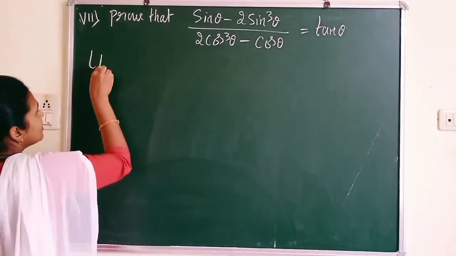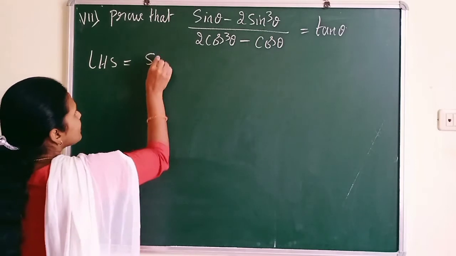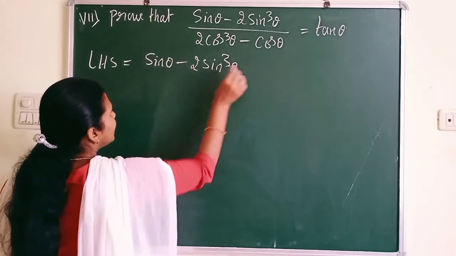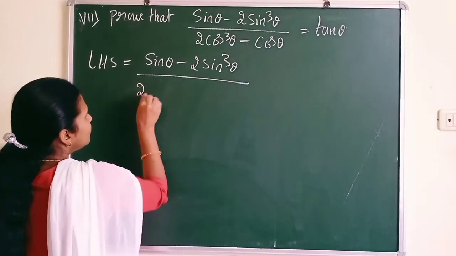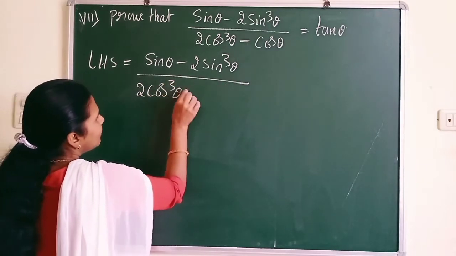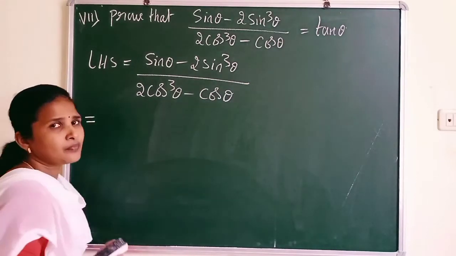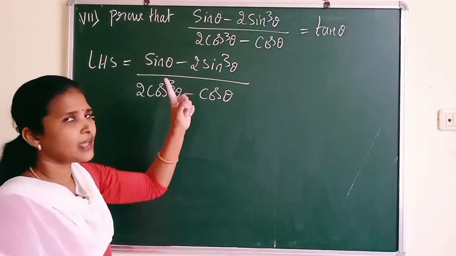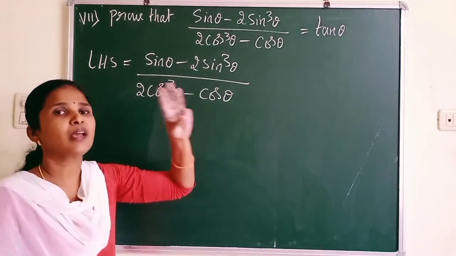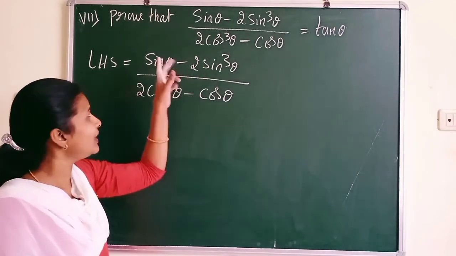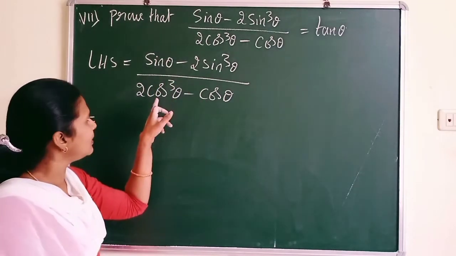Take LHS: sin theta minus 2 sin cube theta by 2 cos cube theta minus cos theta. Observe, here you have one sine and here three sines, that is sin cube. Here also you have 3 cos and here 1 cos. So can I take sine common in the numerator and cos common in the denominator?